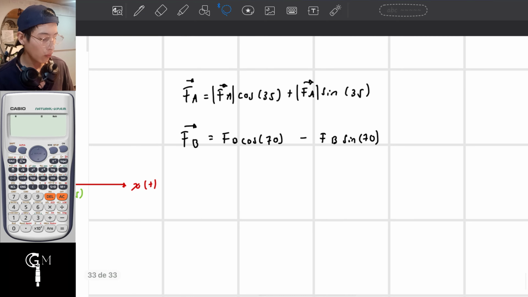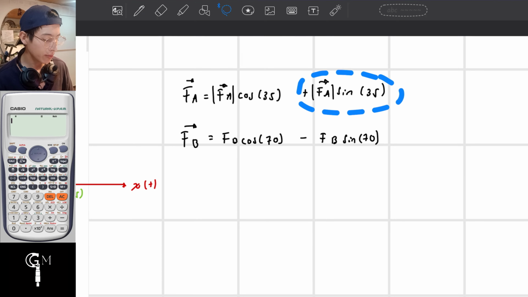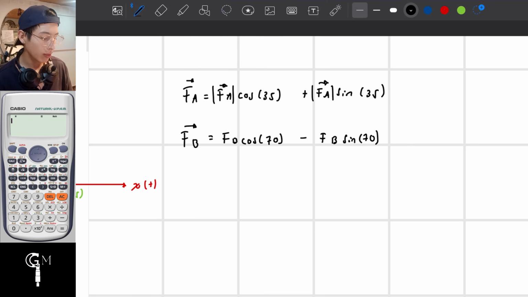Now, we have to make sure that we place the direction. And this direction is being set by these symbols. This is along the I direction, and this is along the J direction.